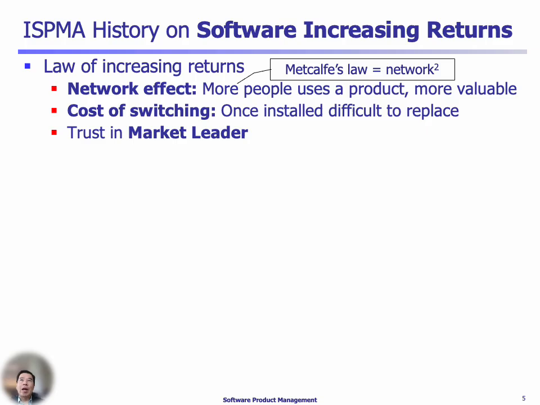Let's review how software returns work. Unlike a lot of physical products, in software there are three major laws here: network effect, cost of switching, and market leader. Let's look at network effect. In network effect, software can go viral very quickly, and there is a lot of communication using electronics that makes it easier to do.